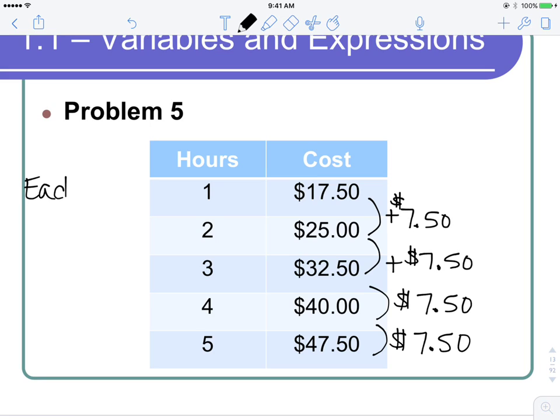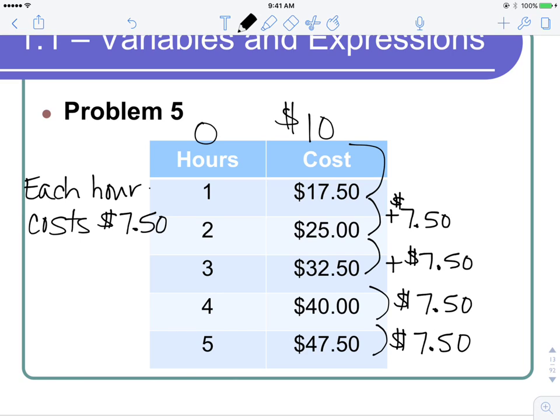So each hour costs $7.50. But if we take $7.50 away for 0 hours, we would be at $10. We wouldn't be at $0. So do you pay $10 to rent a scooter for 0 hours?